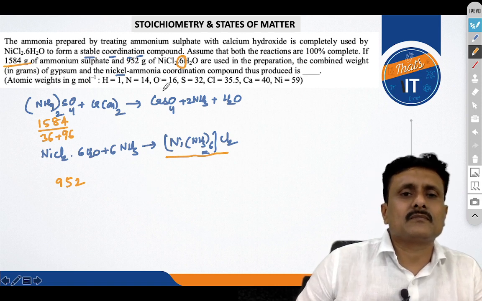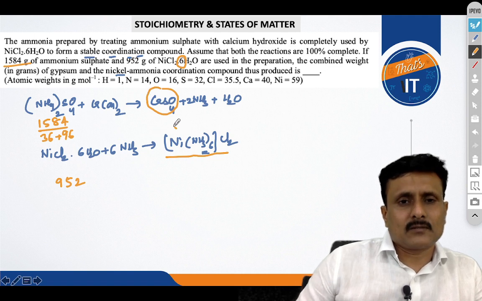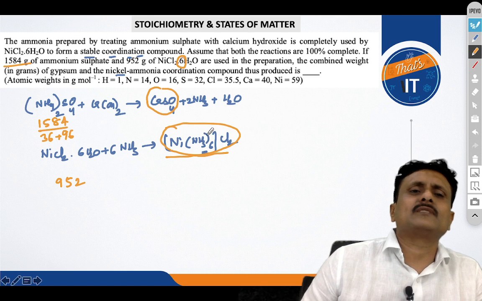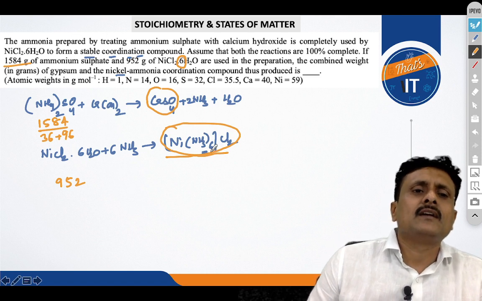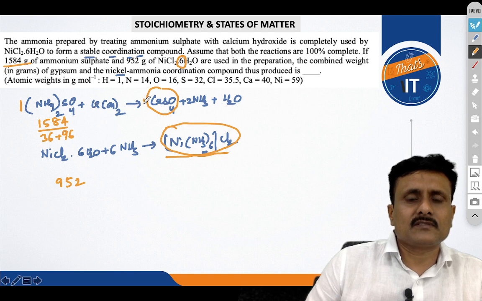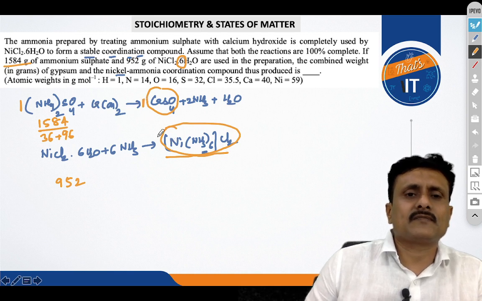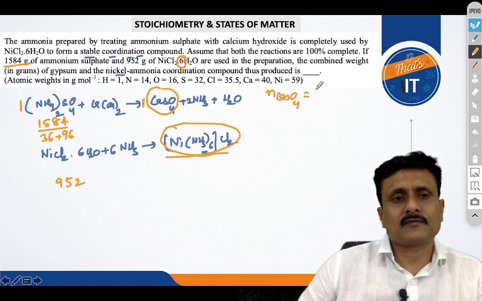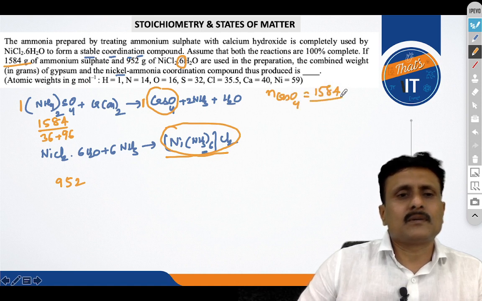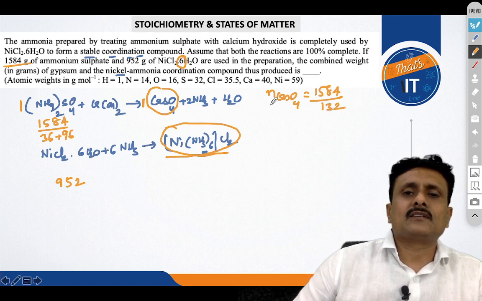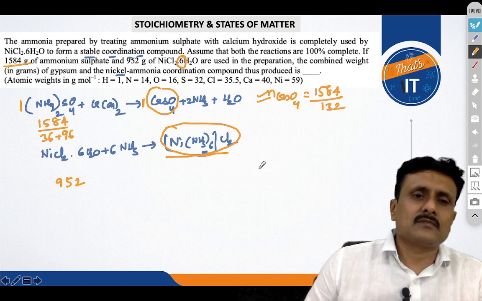So gypsum, that is CaSO4 weight, and nickel ammonium complex weight. We are not concerned about the half H2O or 2 H2O. So 1 mole you have to balance it, isn't it? You can see 1 mole of this giving rise to 1 mole of calcium sulfate. So straight away, the number of moles of calcium sulfate formed is 1584 divided by 132.